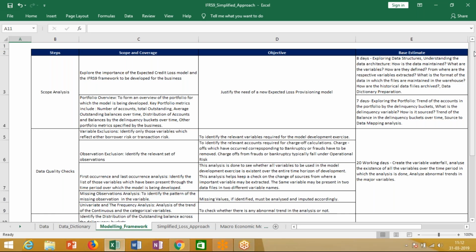So when we do the quality check exercises, we'll try to examine key shifts which may have happened in the portfolio. Does the portfolio report any major shifts? That is something that we would want to identify going forward.